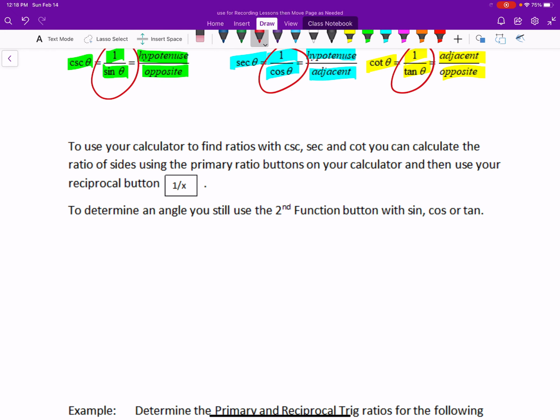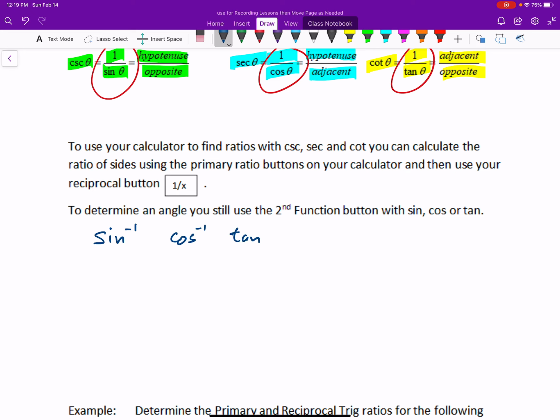So, also a reminder that for most calculators, if we want to find the angle, if we want to work backwards, we would use the second function button. Usually the buttons on our calculator are going to say something like sine with a -1, cos with a -1. Those are the inverse functions.